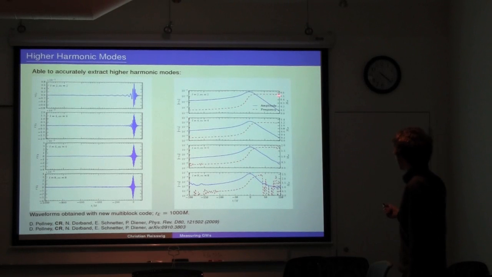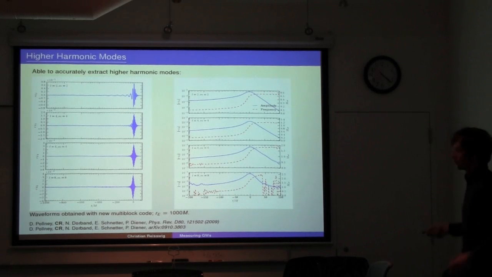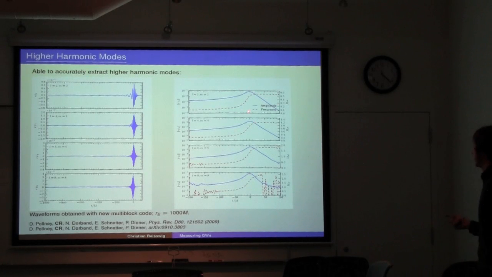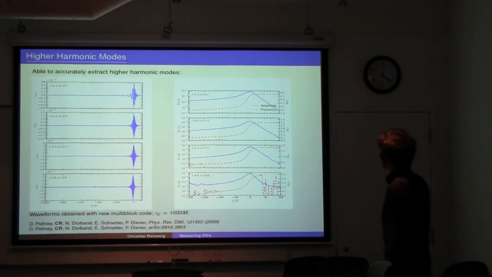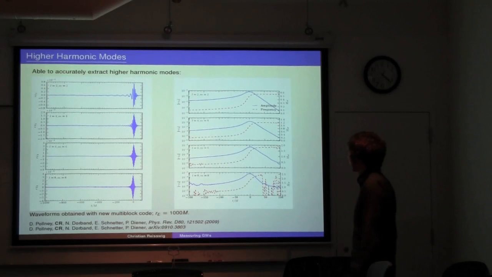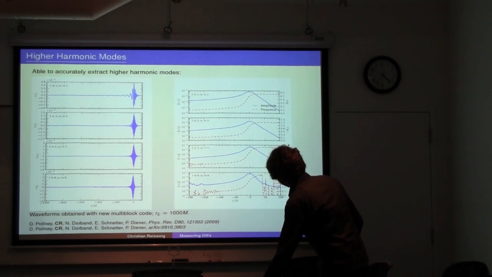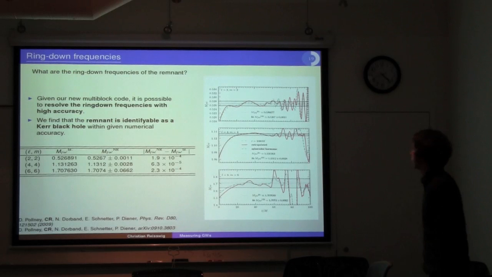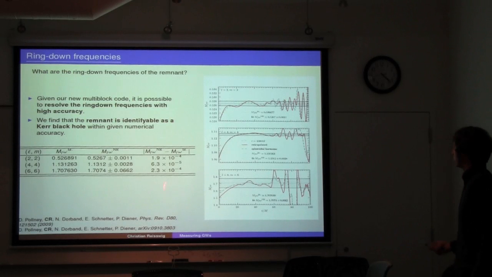So, these instantaneous frequencies. It's a well-known fact that during ringdown this must settle to the quasi-normal modes of the black hole, and we have tried to fit a constant to this frequency to see how well it agrees with a perturbed Kerr black hole.